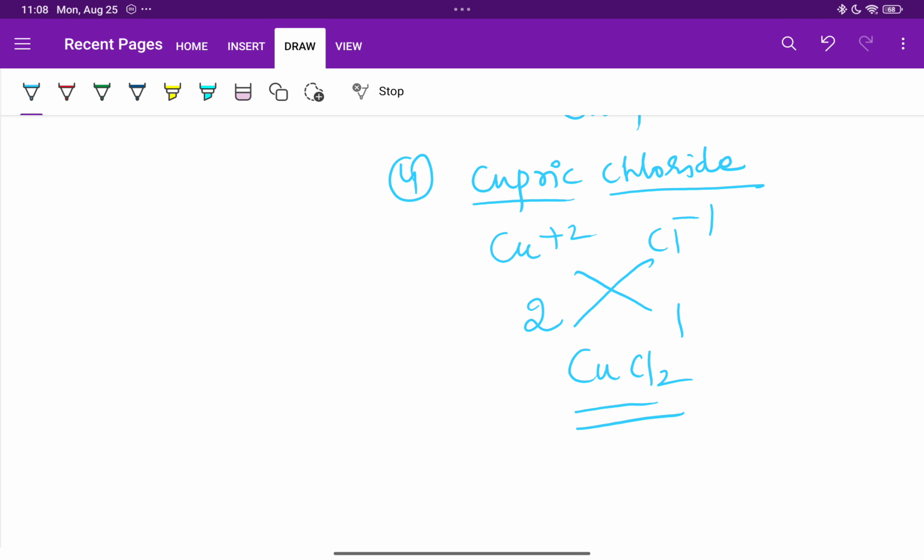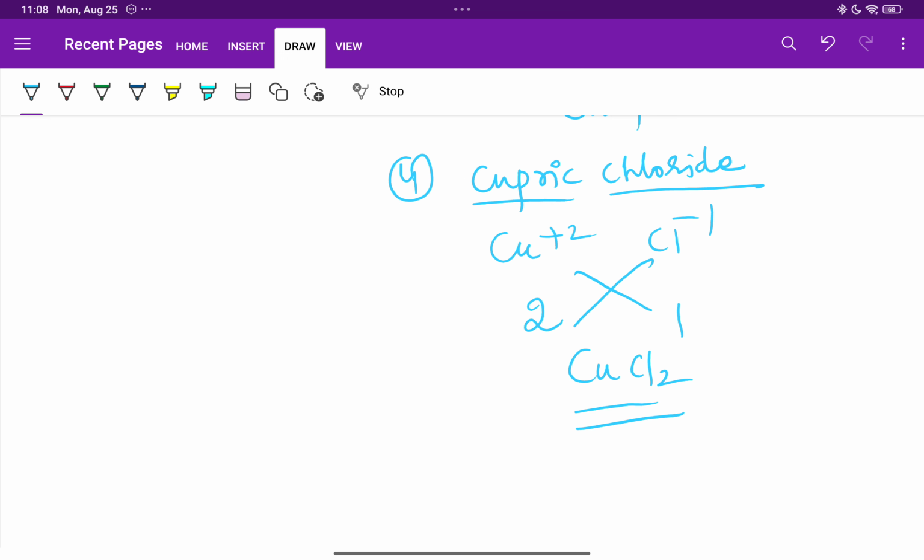And finally I want to tell you simple information about valency. Valency is nothing but the combining capacity of an atom or element. That is the first definition.